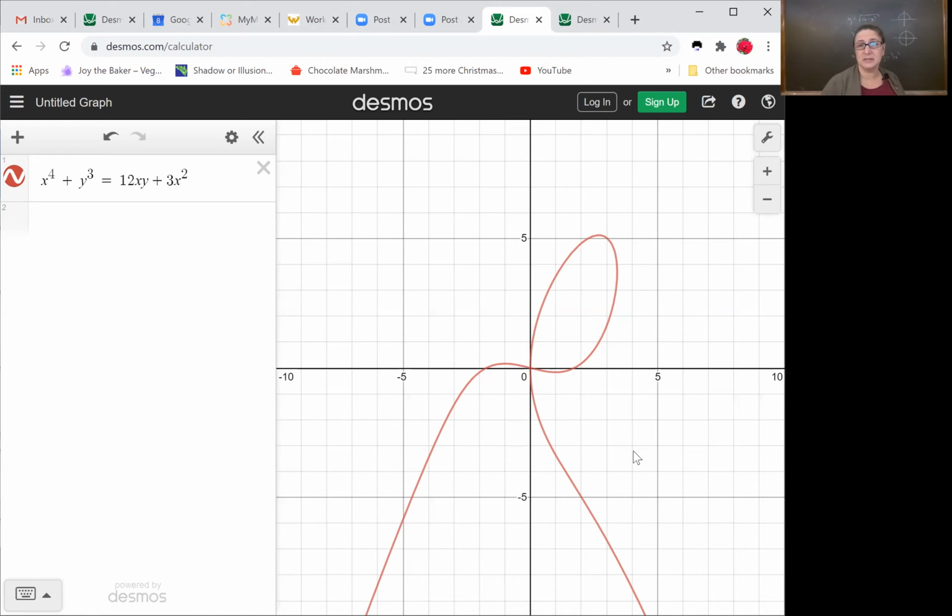On each of those pieces, if I could solve for y as a function of x, I could use my chain rule, but that's a lot of work and I would have to solve for y. So what we really need is a way of using an equation like this and figuring out what the derivative is without having to solve explicitly for y. So there is a way to do that, and it's called implicit differentiation.